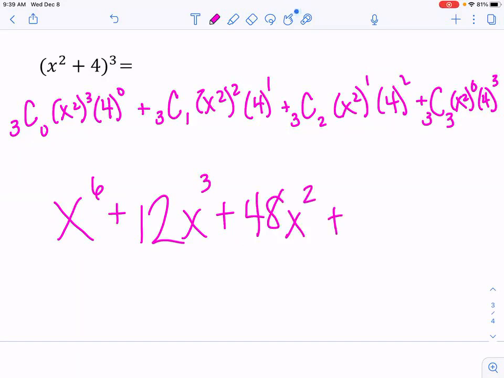And then our fourth term, what'd you get? This should be to the fourth? Okay, are we good? Okay. And then our last term is?